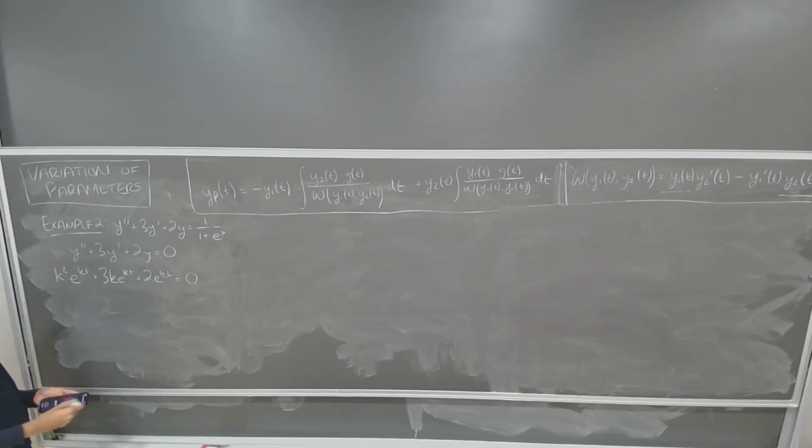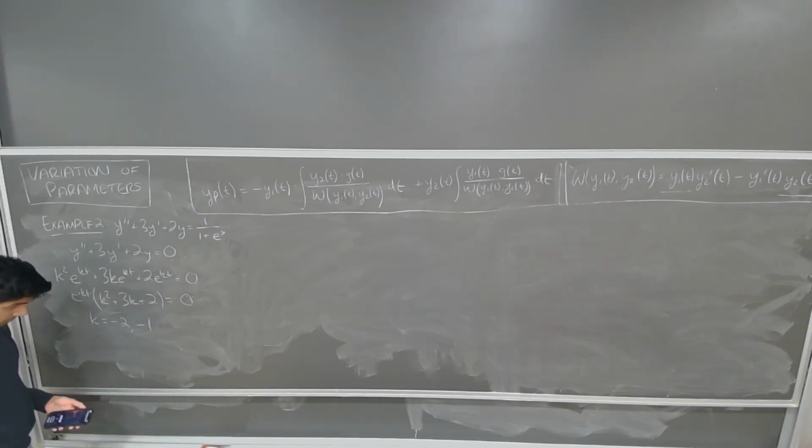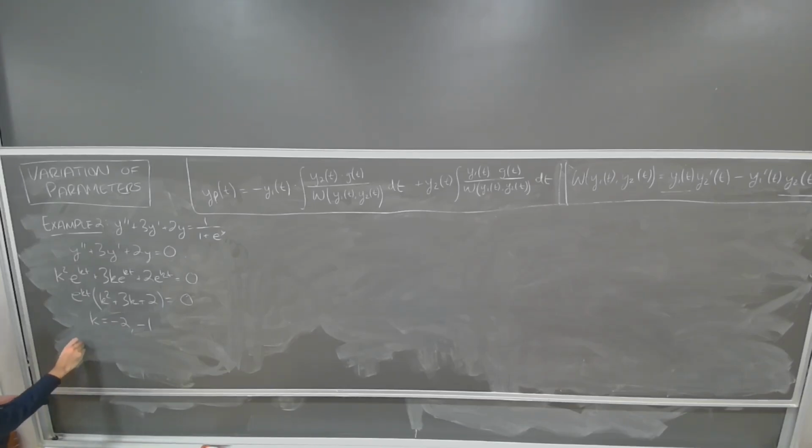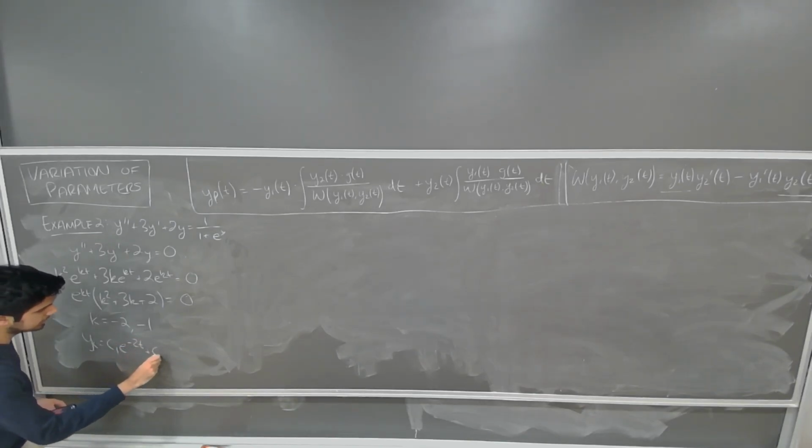Factoring out an e to the kt, we get, in order for this to be equal to 0, this polynomial must be equal to 0, so you can solve for k and see k equals -2 or -1. This means our complementary solution is c1 e to the -2t plus c2 e to the -t.